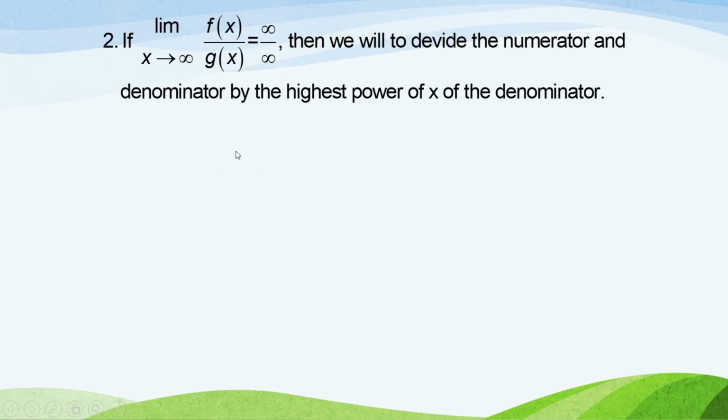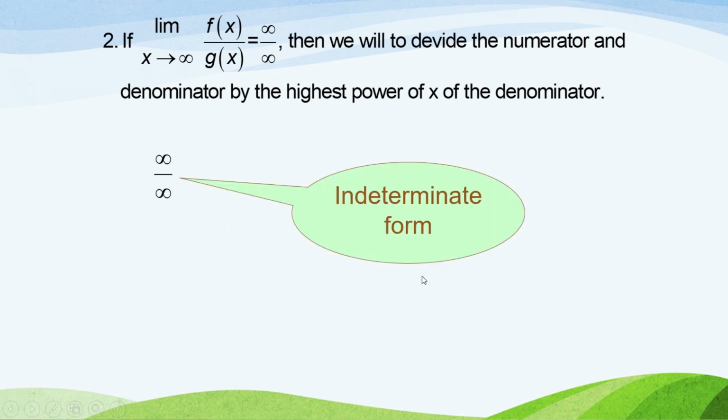If the limit as x approaches infinity of f(x) over g(x) equals infinity over infinity, then we have to divide the numerator and denominator by the highest power of x of the denominator. And for infinity over infinity, we don't know the answer, or we can say that infinity over infinity is an indeterminate form.